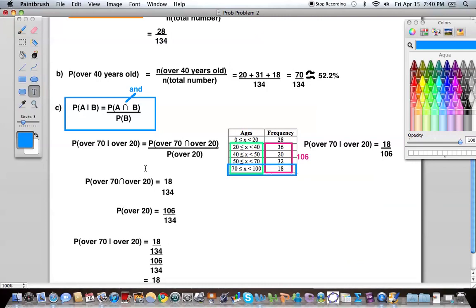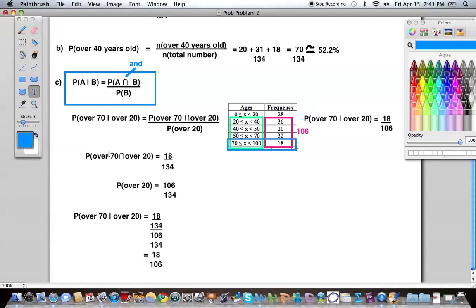That's equal to the probability of over 70 and over 20, divided by the probability over 20. Well, we can find the probability of someone being over 70 and over 20. It's going to be 18 over 134. Just those 18 passengers that fulfill what we're looking for.